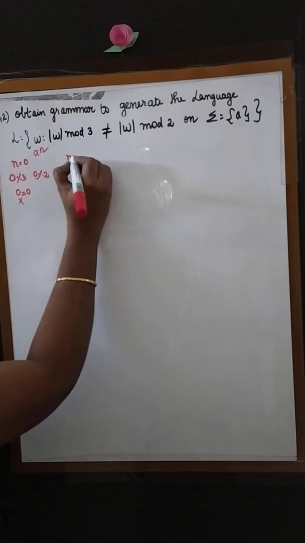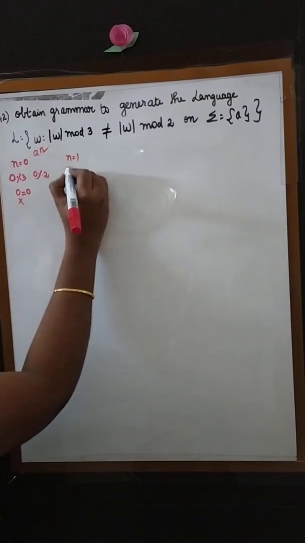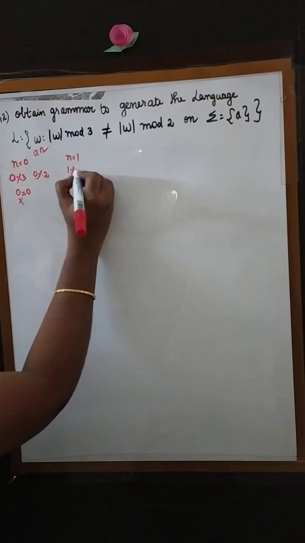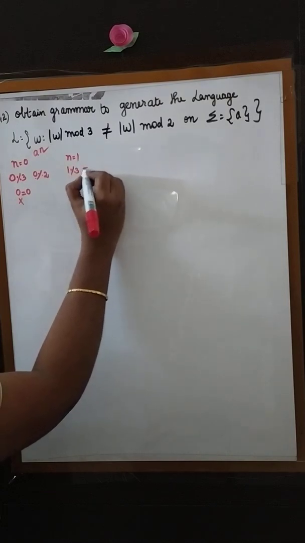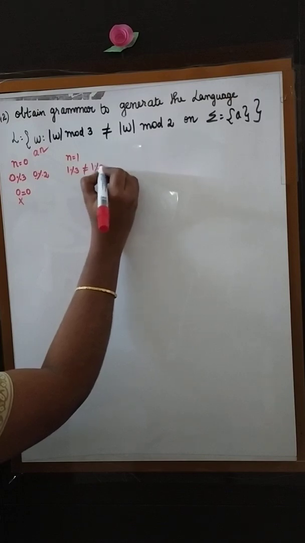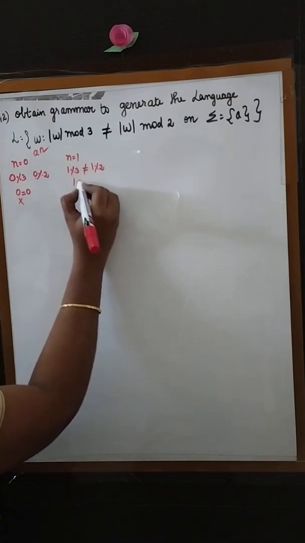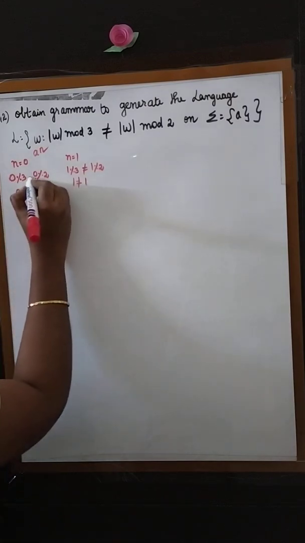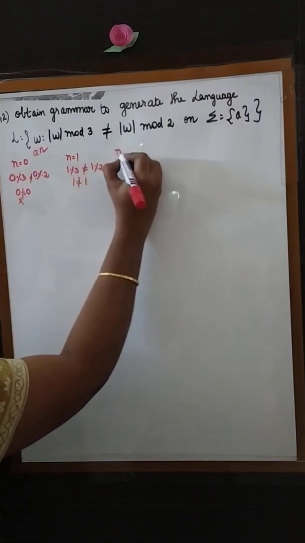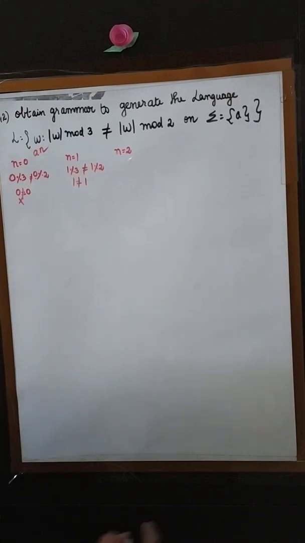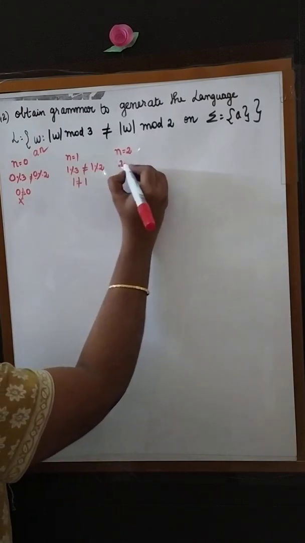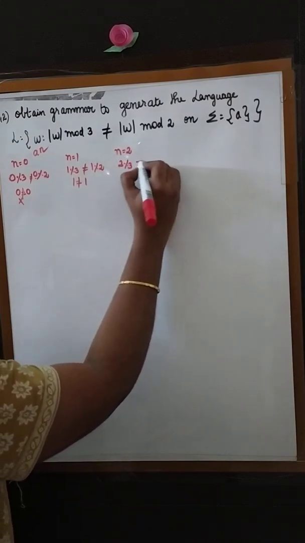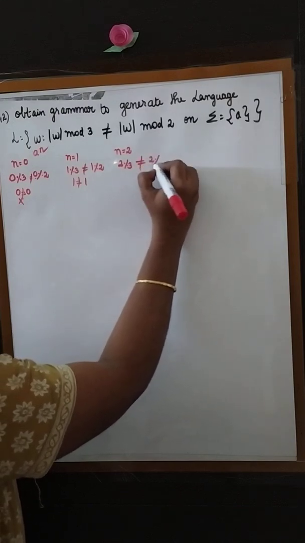Next I am taking my n as 1. When n is 1, I compare 1 mod 3 with 1 mod 2. So what will I have? I will have 1 and 1, which are equal, so I cannot take this either. Next I am taking n as 2. 2 mod 3 should not be equal to 2 mod 2.